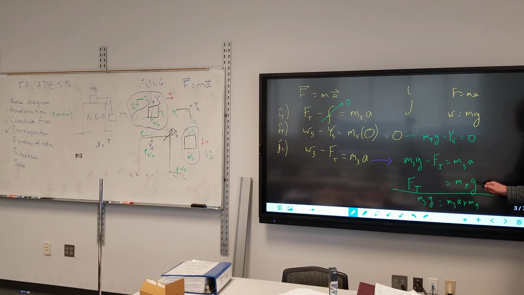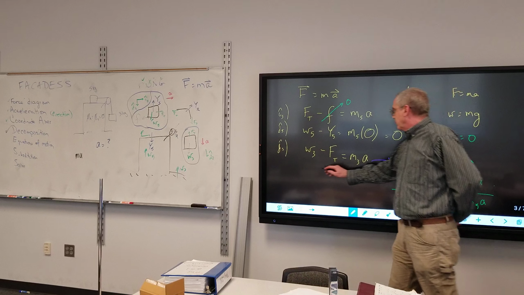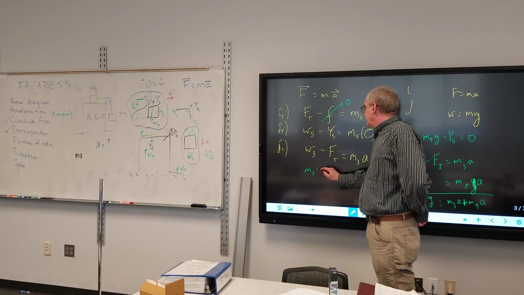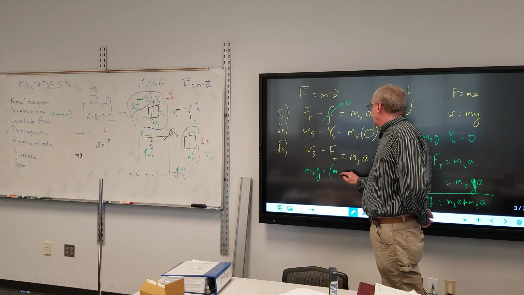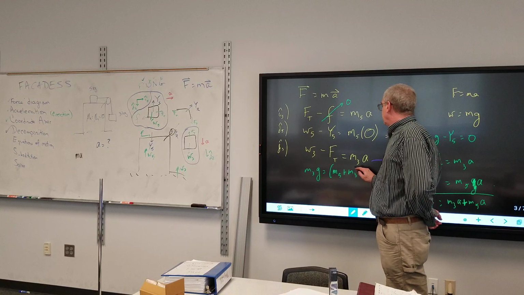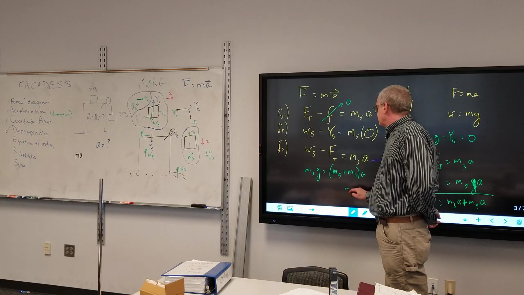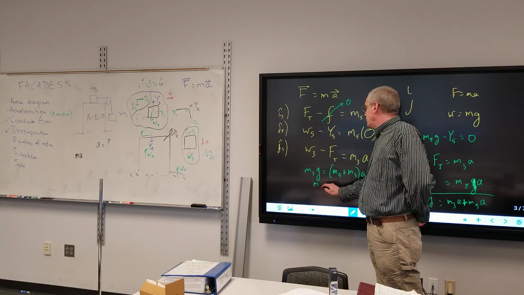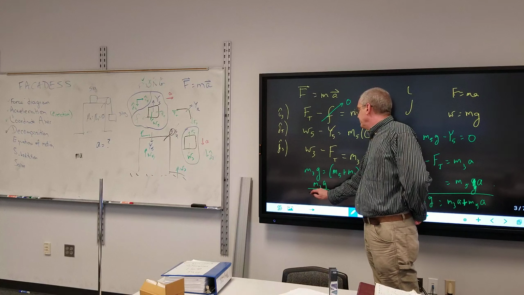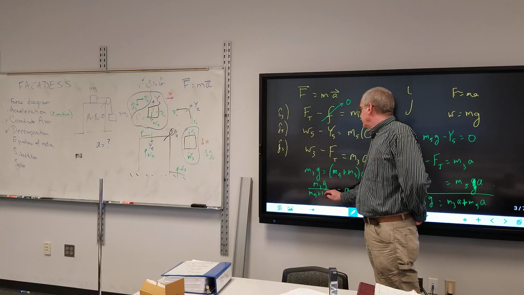Oops, that should be A, not G. I'm solving for acceleration, so I'm going to factor it out. M3G equals M5 plus M3 times A. So A becomes M3G divided by M5 plus M3.